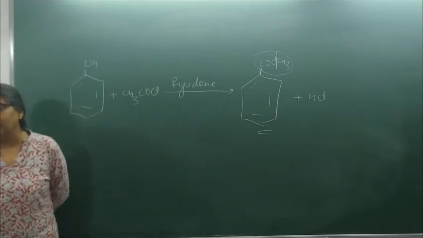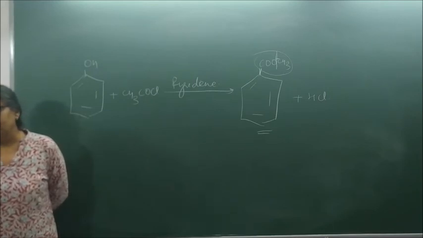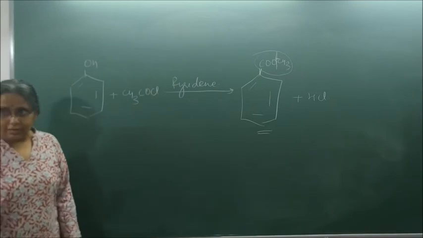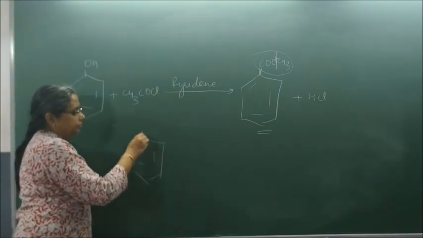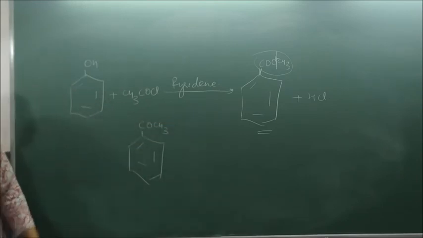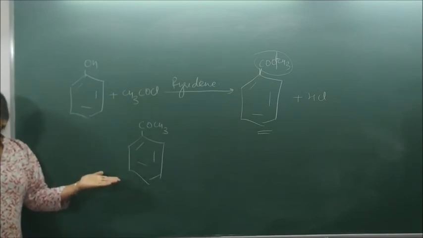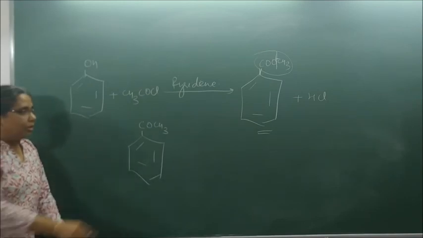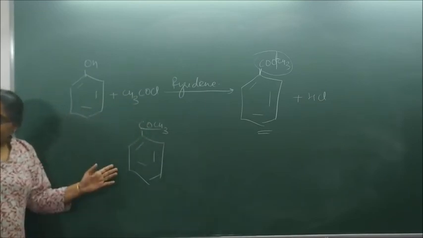Why can ethanoic acid not be the benzene? Fine, this is the compound. What do you name this compound? You call it acetophenone. This is the aceto group. Phenol becomes what?